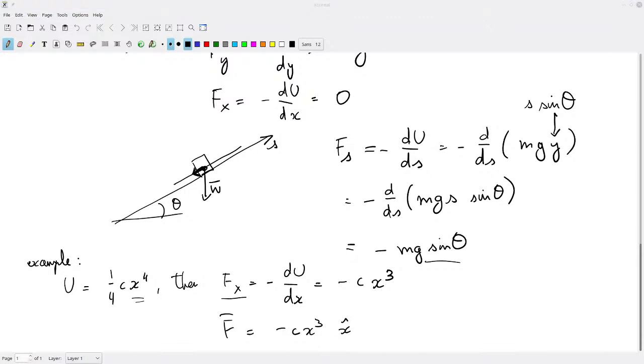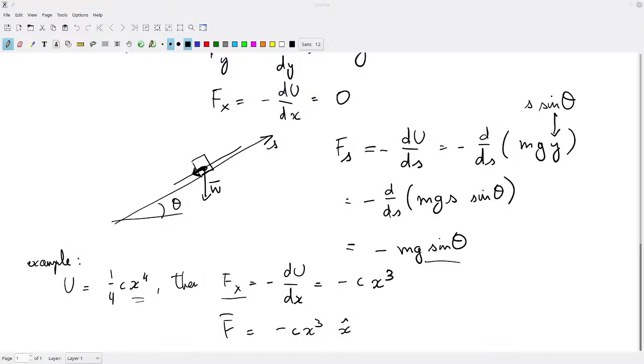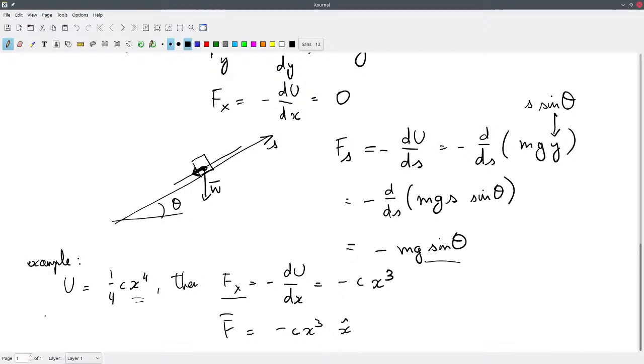So starting from the potential energy is sufficient to determine what the forces are. In other words, for conservative forces, all of the information is in the potential energy to determine what the force is, which of course makes the potential energy a very powerful concept, because it essentially includes in a single function all the information that for a force we would have to put into three different vectors.